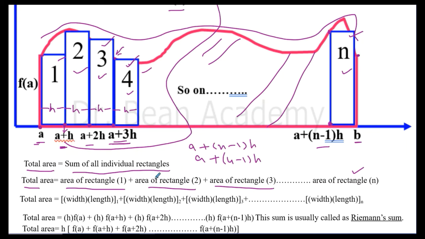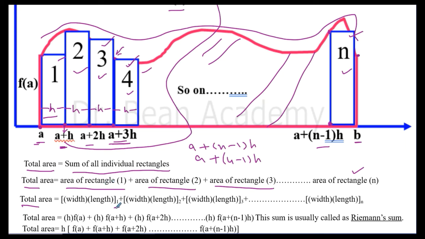Next, now I will use the formulas. So the total area will be equal to the width multiplied by the length of rectangle 1. The subscript shows the number of the rectangle. So for the first one, I need to find the width and then the length.